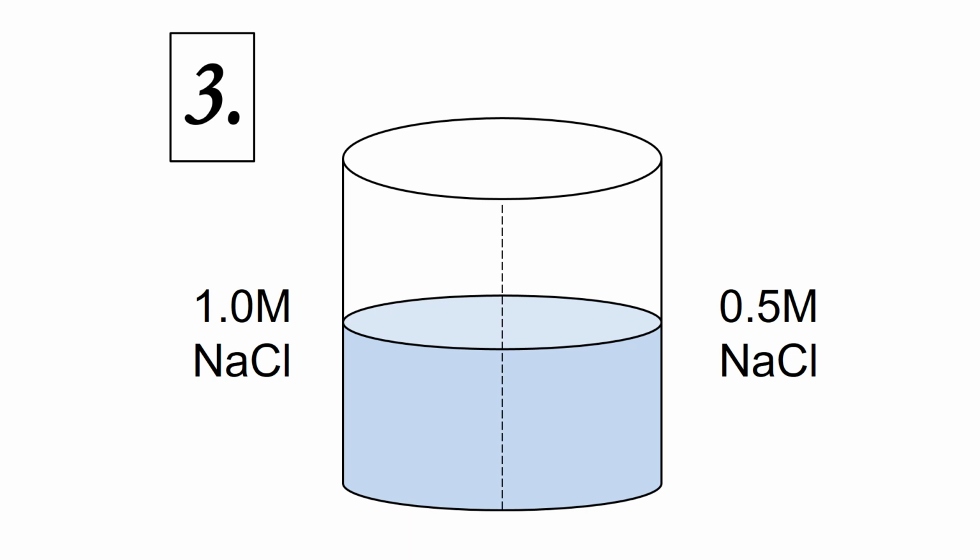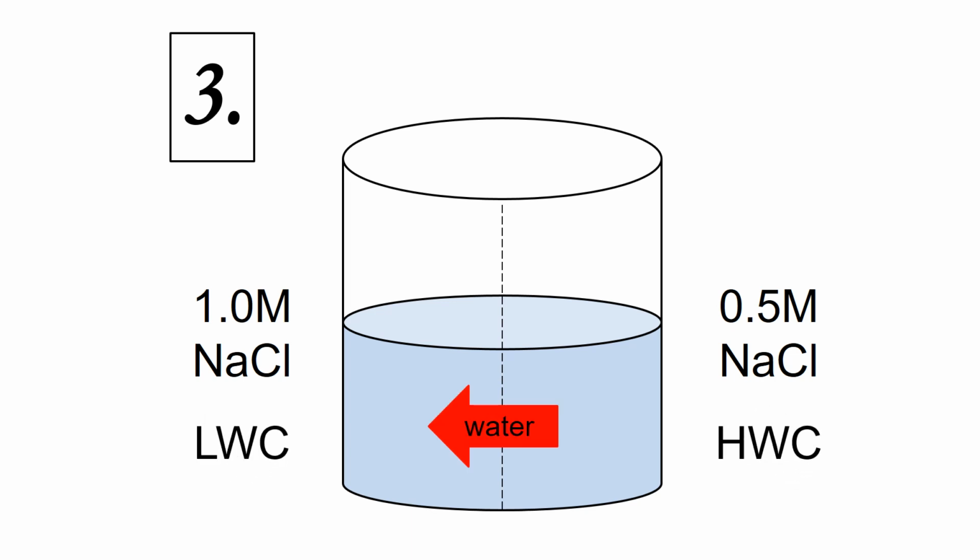We've got a higher concentration of sodium chloride on the left and a lower one on the right. Sodium chloride, remember, is just salt. So in this one, you're going to go from right to left. The one on the right hand side has a lower concentration of sodium chloride, so there must be more water, so it's more dilute, so it's going to move from right to left there.